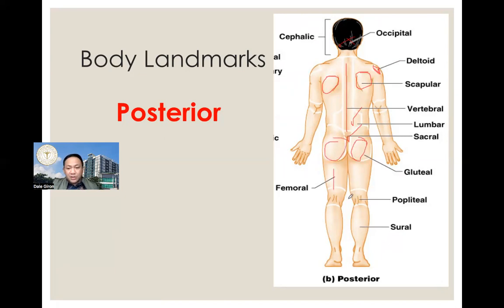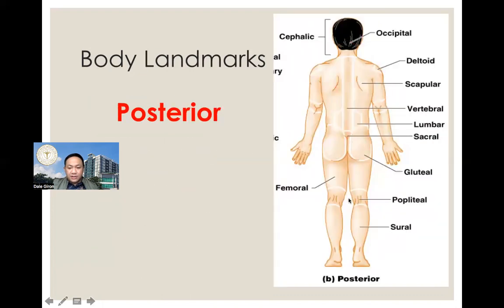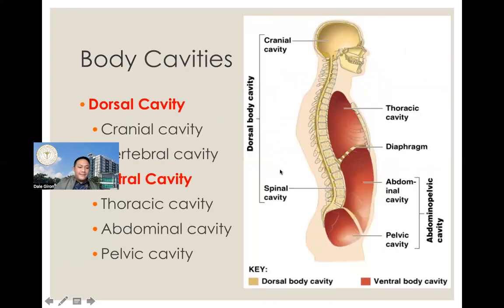The femoral as well. The popliteal fossa is the opposite of your patellar area. Okay, if this is the patella, this is the popliteal area, and there's the sural area or your posterior leg muscles. Okay, that's what we call your sural area.